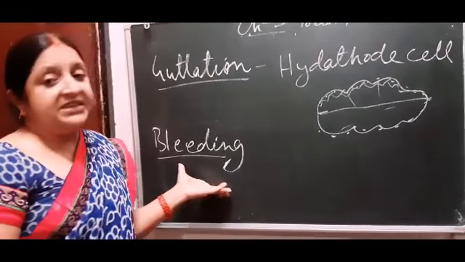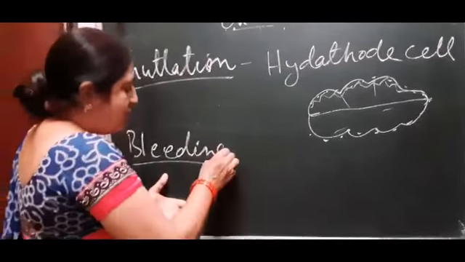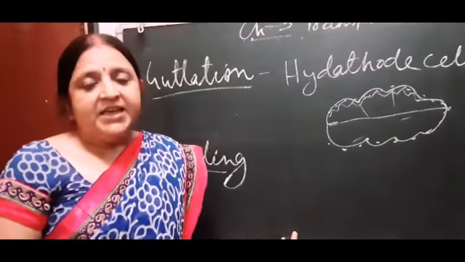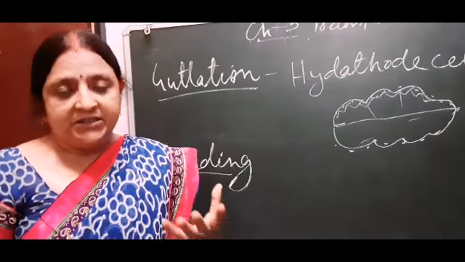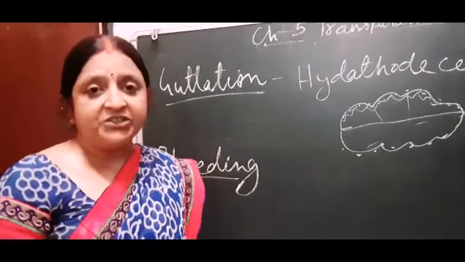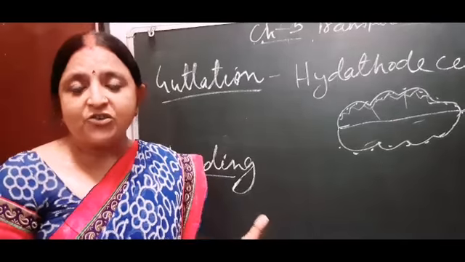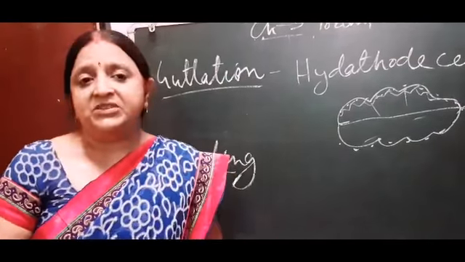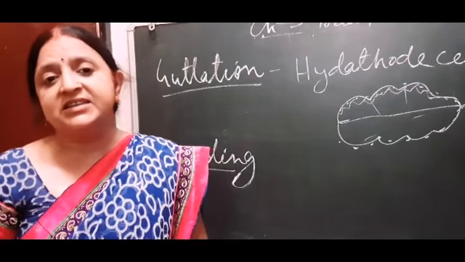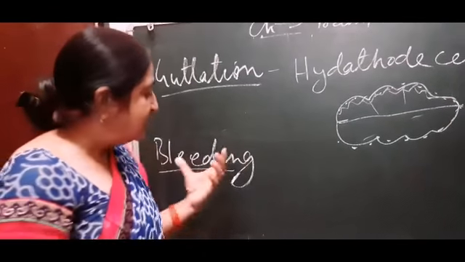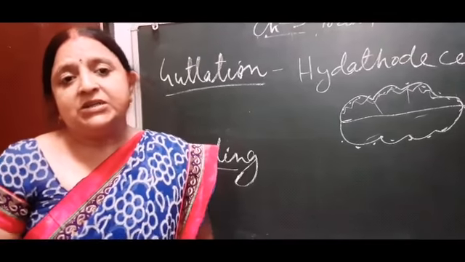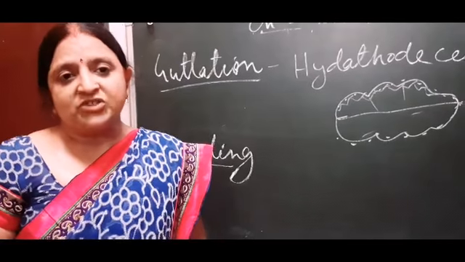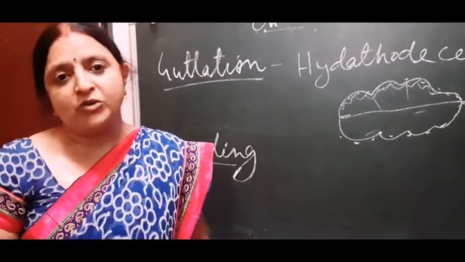Now next is bleeding. Bleeding is also a loss of water, not in the form of droplets or vapor. This process mostly occurs in the stems of old plants, because bleeding occurs through the lenticels, and these lenticels are mostly present in the old bark of the tree.